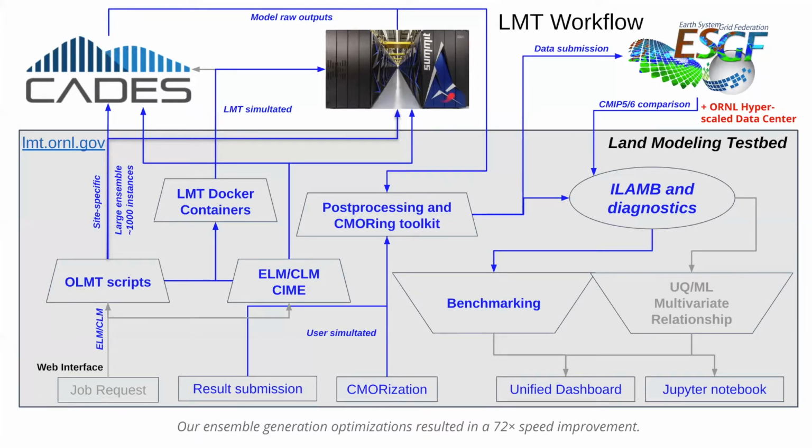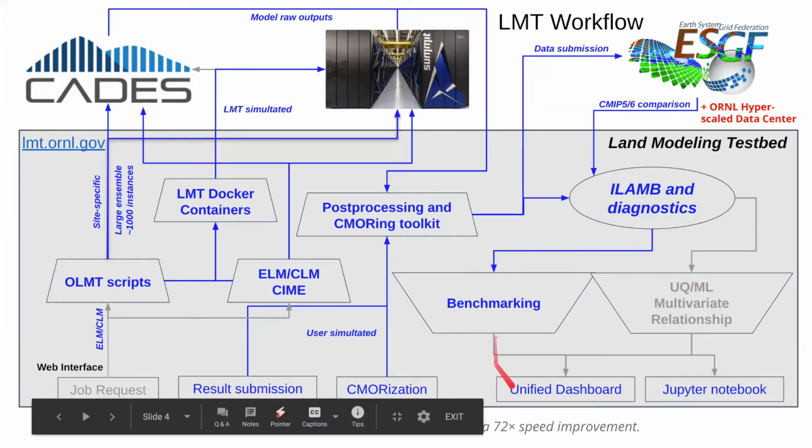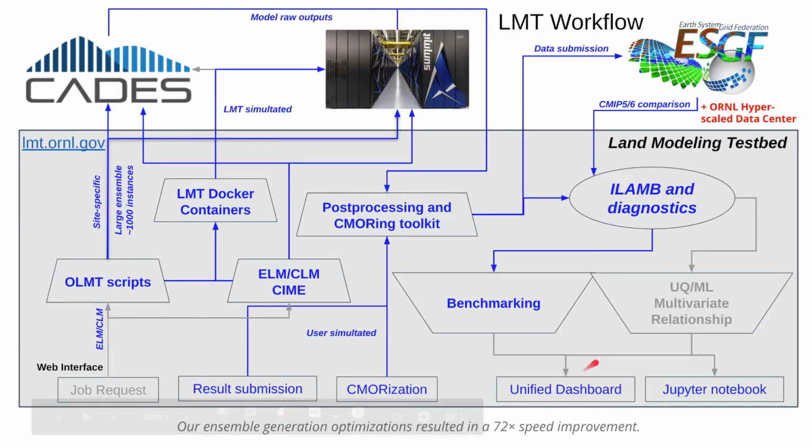Then out of all of those runs, possibly thousands of them, we feed that back into our Land Model Testbed system to run ILAMB, do all the post-processing and data conversion that's needed in order to run our ILAMB diagnostics and benchmarking. Then we look at the results both through a unified dashboard that I'm going to present in a moment, and this Jupyter Notebook system.